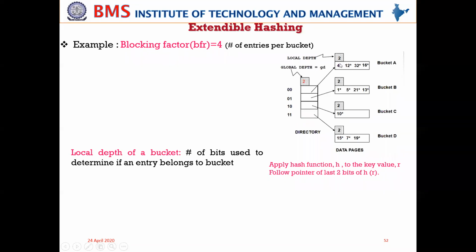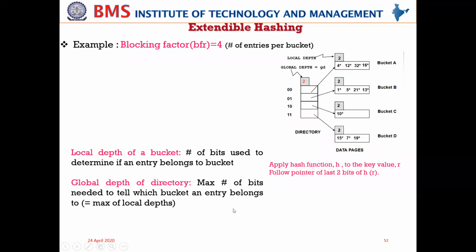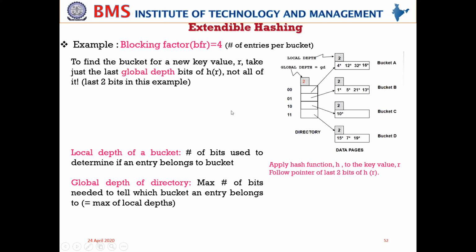Those number of bits are called the global depth of a directory. So it is the max number of bits needed to tell which bucket an entry belongs to. We'll see with examples how we come across these local and global depth values.